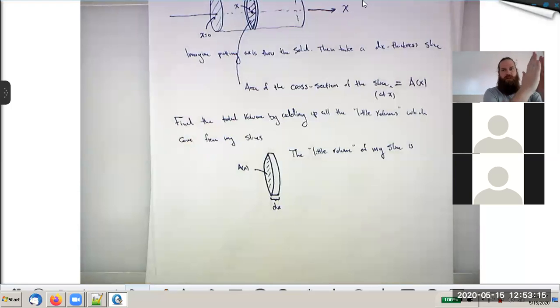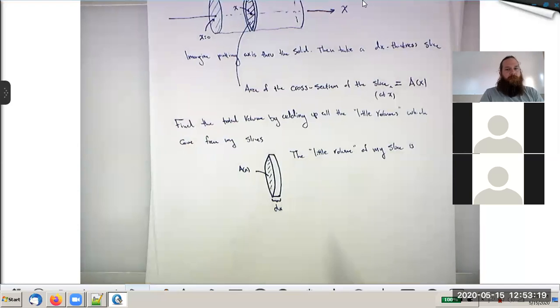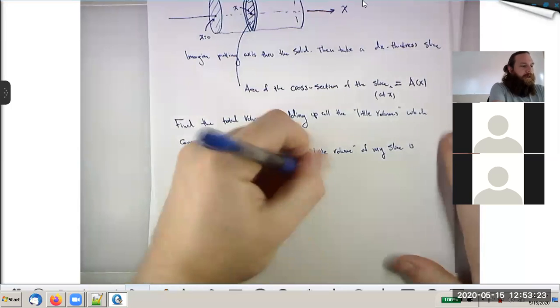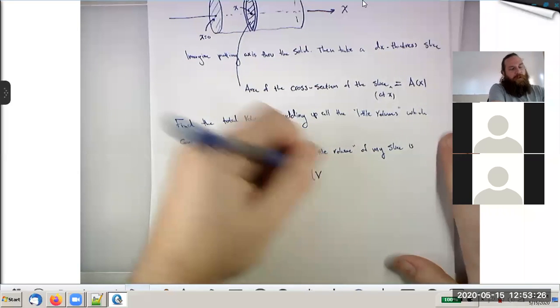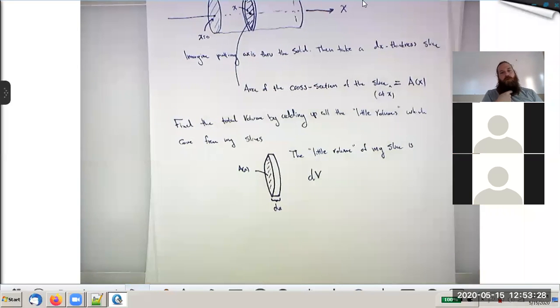I'm taking them to be so small that even if this isn't perfectly flat, it's very, very close to what I would get if it was perfectly flat. I call this little volume dv, right? D for differential. Just like dx is a little distance in x, dv is a little volume.